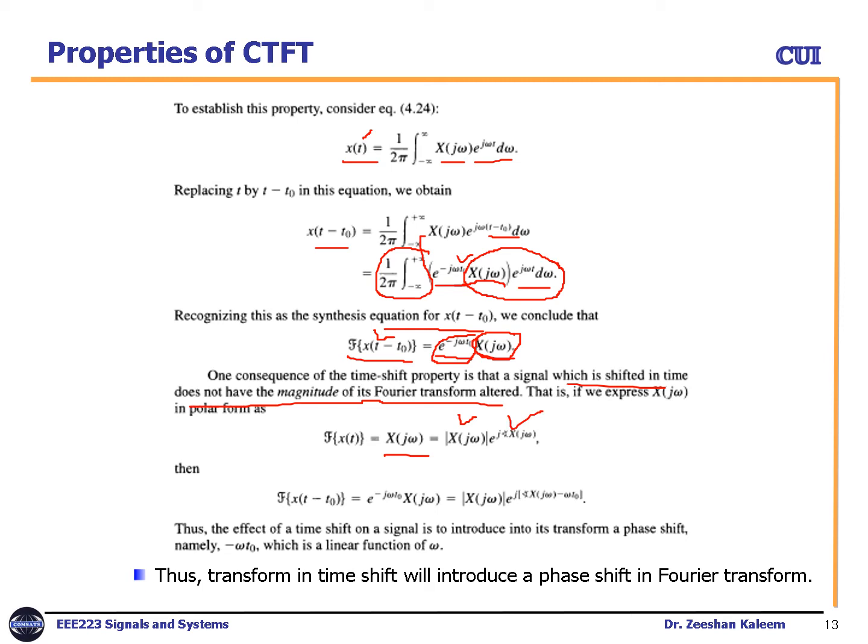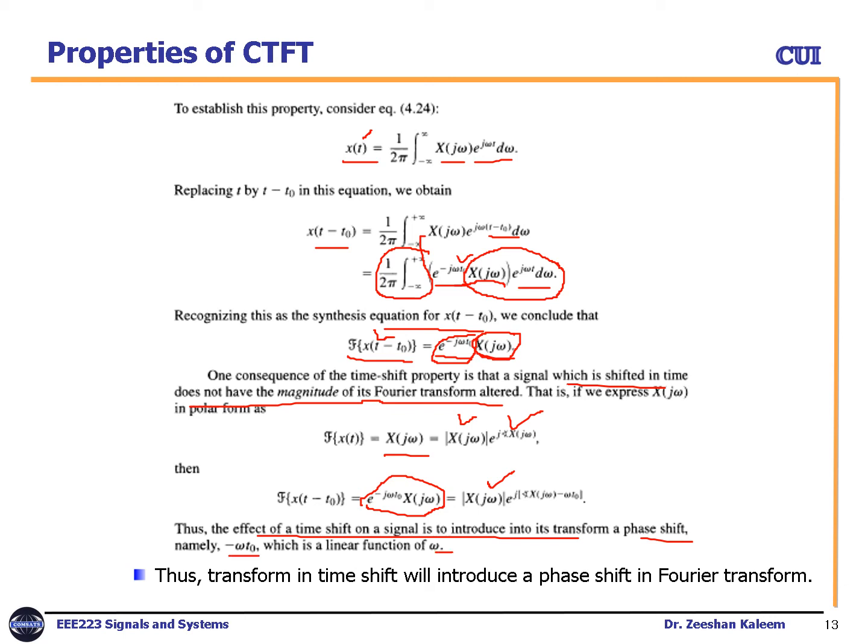So putting in t minus t naught, you can write e^{-j omega t naught} X(j omega). So X(j omega) gives the amplitude, and the phase is minus omega t naught. Thus the effect of a time shift on a signal is to introduce into its transform a phase shift, namely minus omega t naught, which is a linear function of omega.